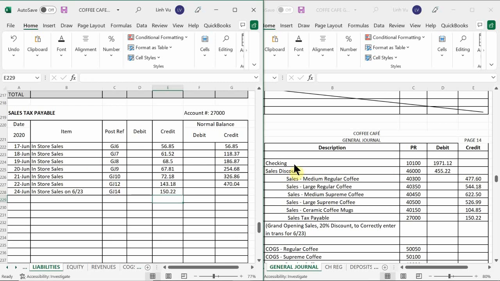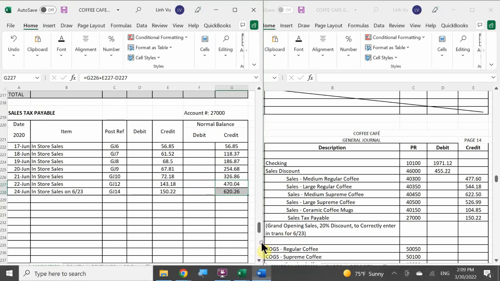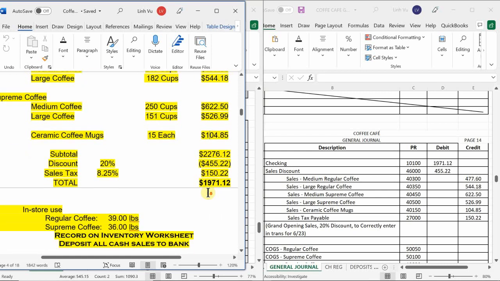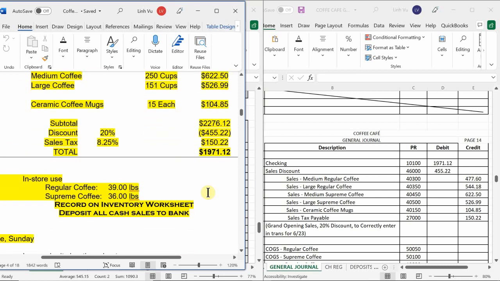$620.26. 6/20/26. Good. Okay, so now we need to adjust our inventory. So this is where a lot of the problems are going to arise: what do I do when I need to adjust my inventory?